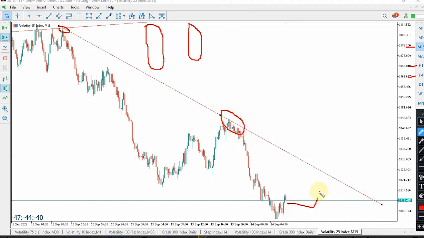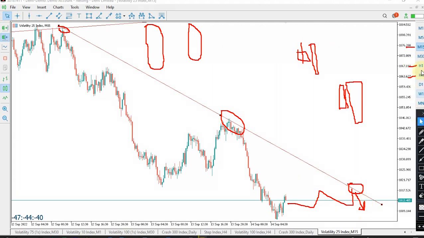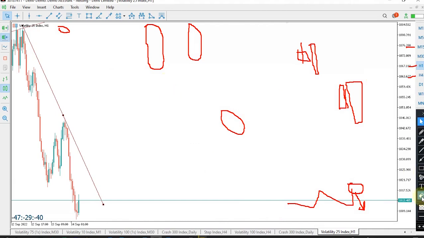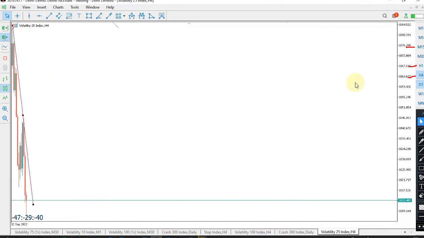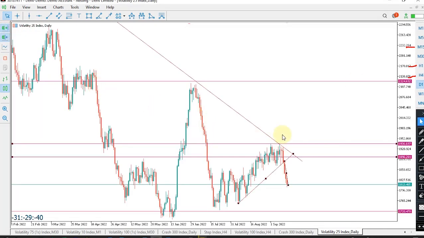Now we're going to wait for price to come back to the trend line, and we wait for a reversal candlestick pattern such as bearish engulfing or a doji, and a red candlestick for us to sell again. So I believe I've been able to throw more light on this entry. This is what professionals do.